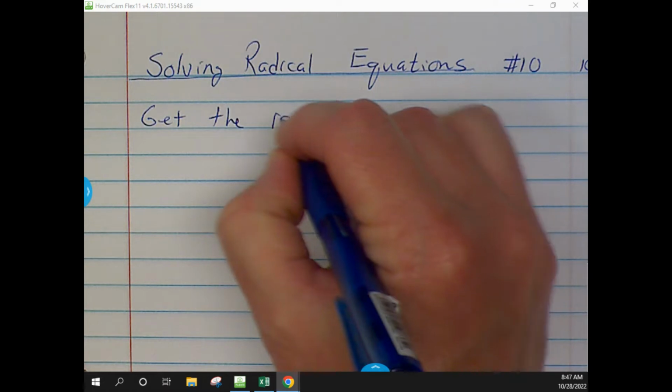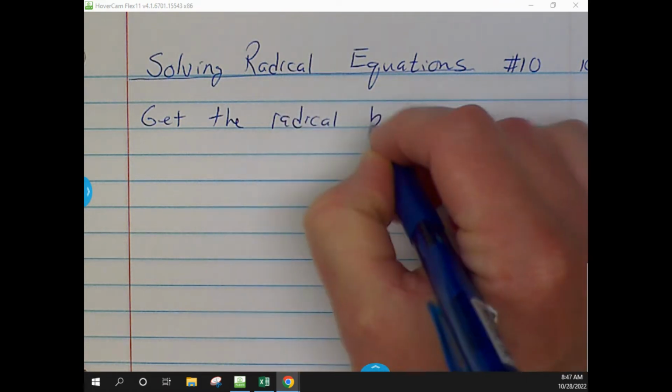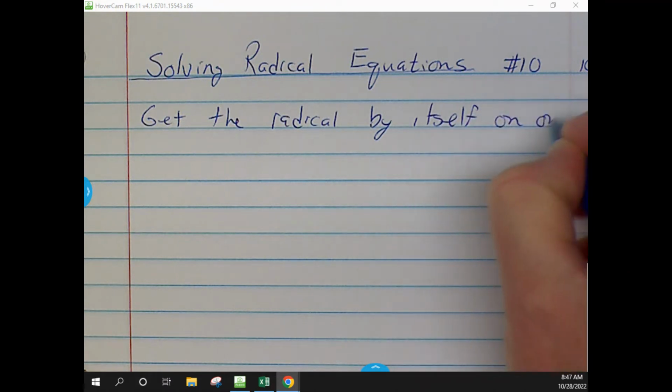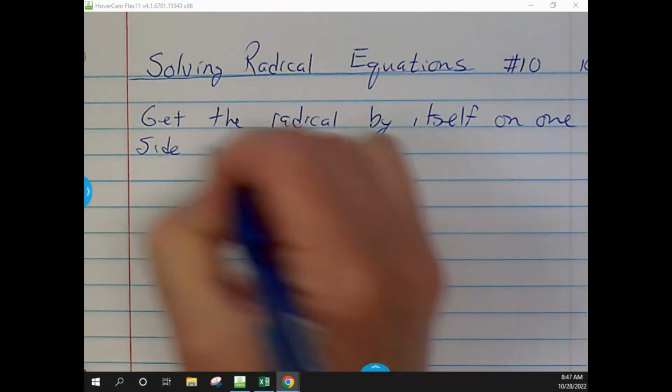You're going to get the radical by itself on one side of the equation.